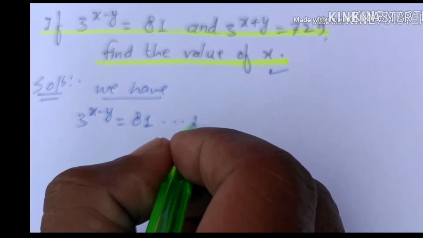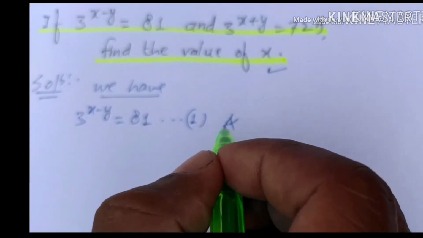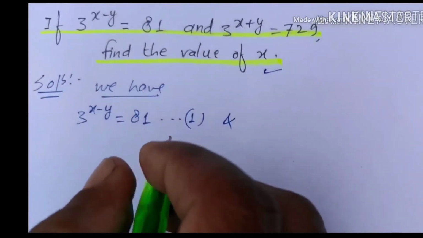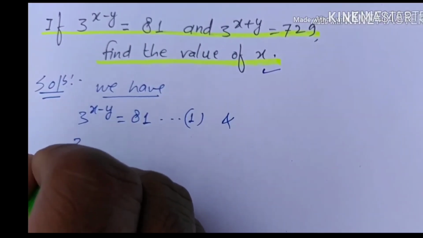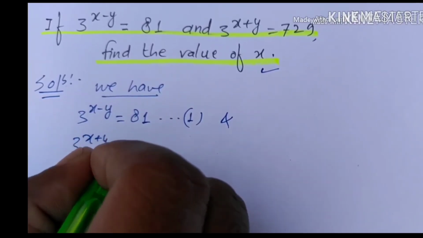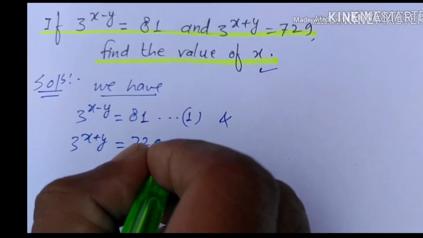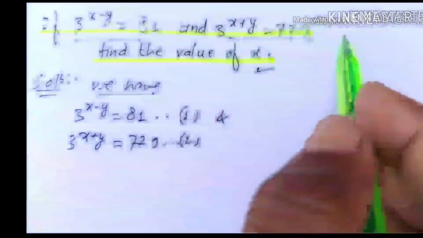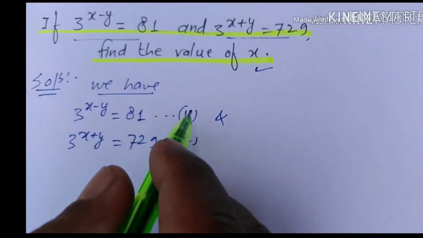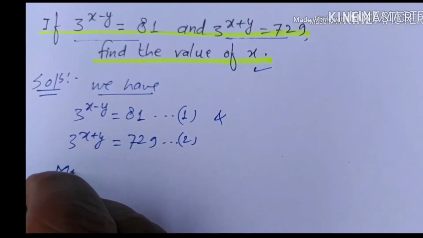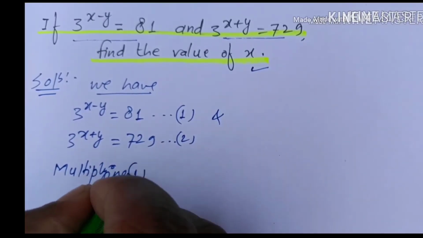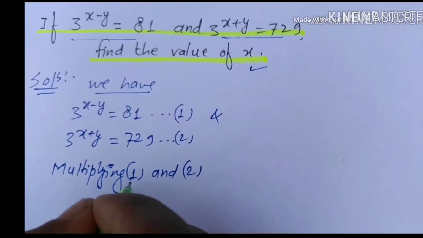Suppose it is equation 1, and you can see here 3 power x plus y is equal to 729. Suppose it is equation 2. Since this and this are similar terms, now you can see multiplying 1 and 2.